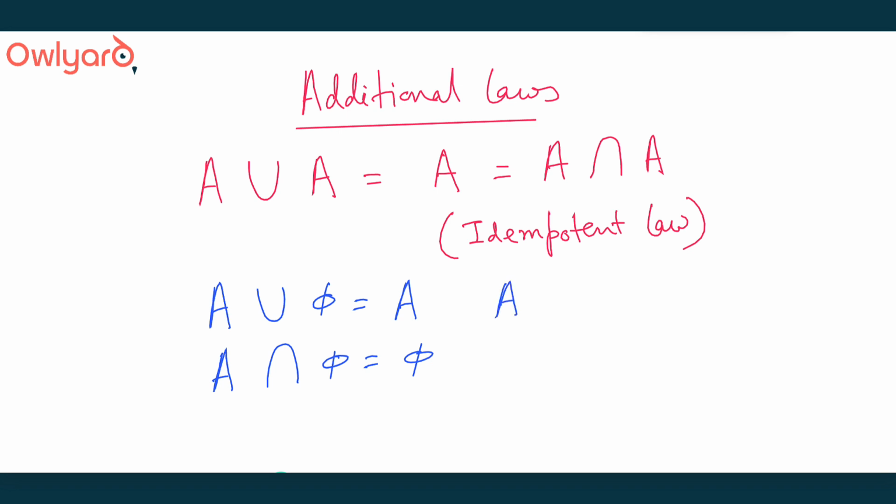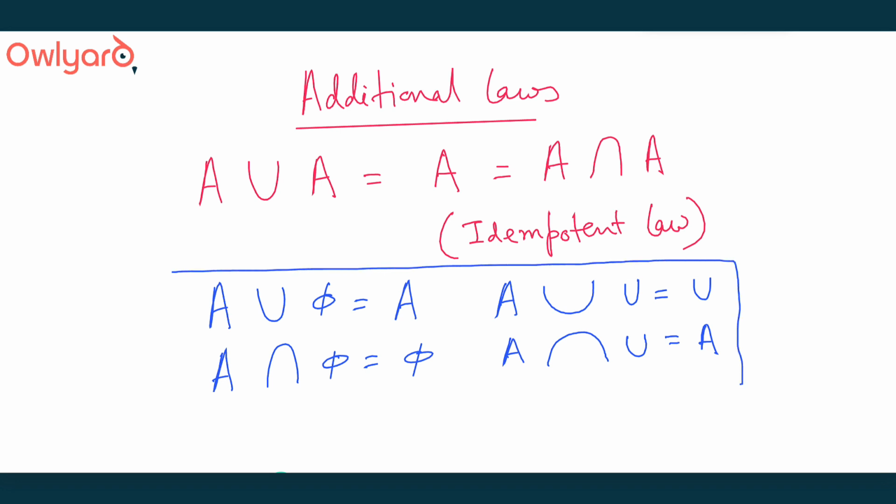Similarly, if you have that set A and you union with U, where U is the universal set, then of course you get the universal set. And if you intersect with the universal set U, then you get the set back, which is A. These laws are often referred to as the laws for phi and the laws of U, and are heavily used in proving many set theoretic theorems.